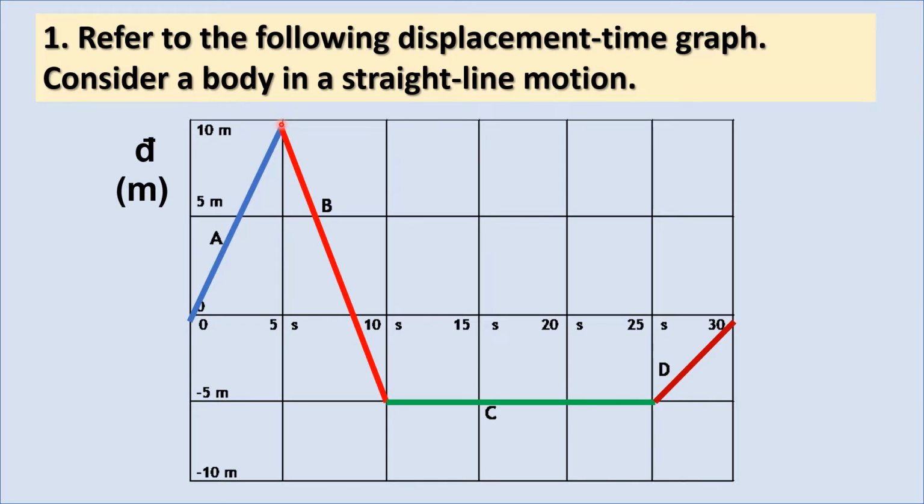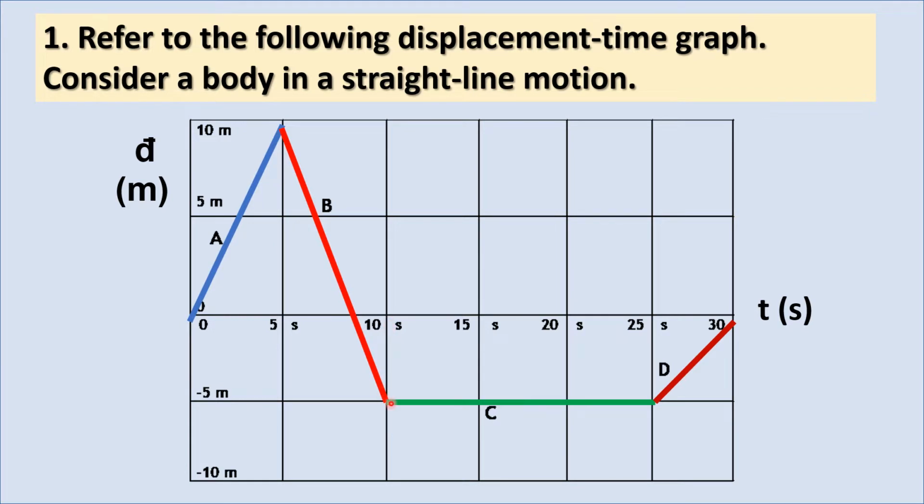Graph line B starts at the position of 10 meters. Okay, that's equivalent to 5 seconds. And ends at the -5 position mark, equivalent to 10 seconds.